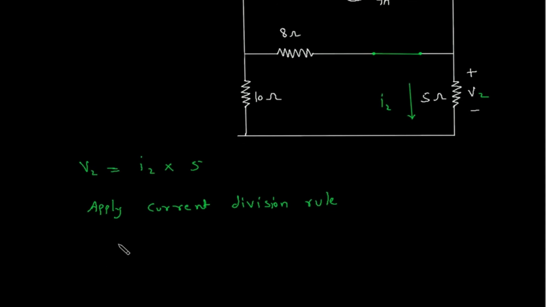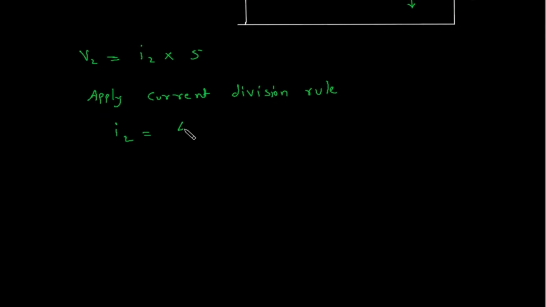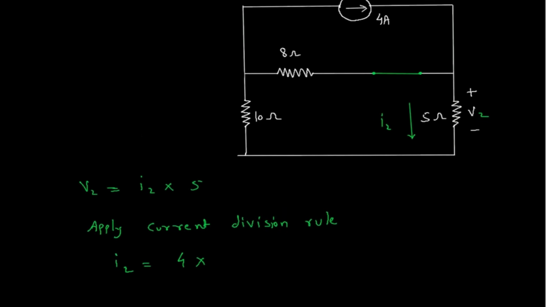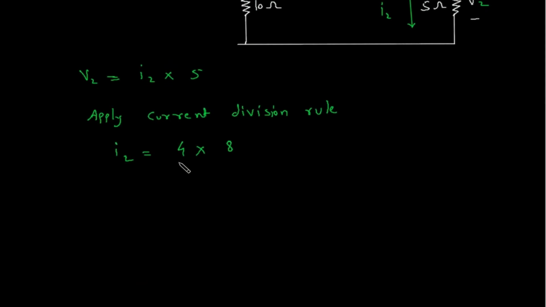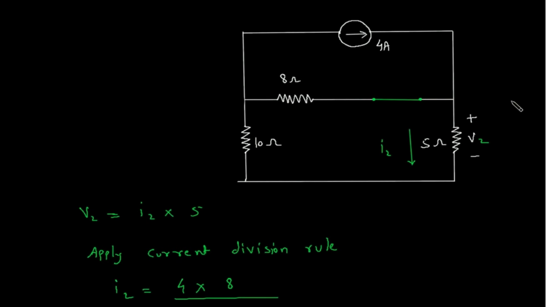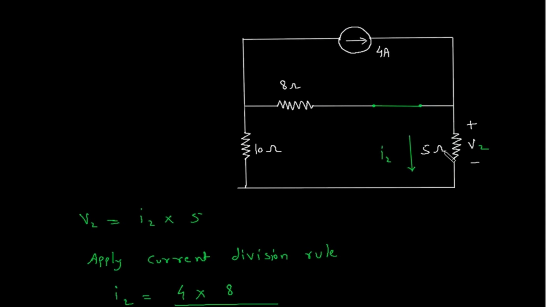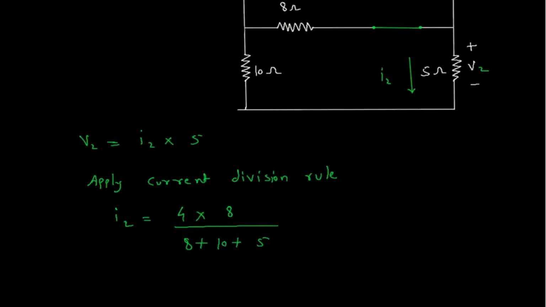From current division rule, I2 is equal to this current, which is 4 ampere, into opposite branch resistance, which is 8 ohm, by total resistance, which is 8 plus 10 plus 5, because this 5 ohm is in series with this 10 ohm.